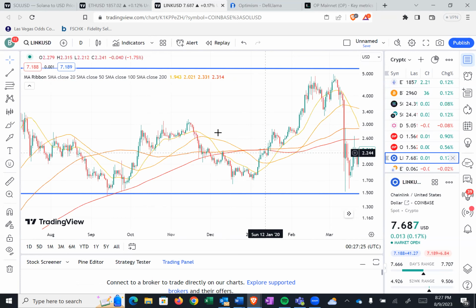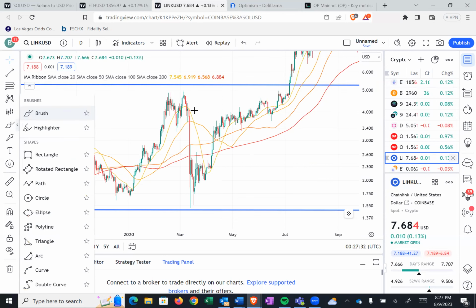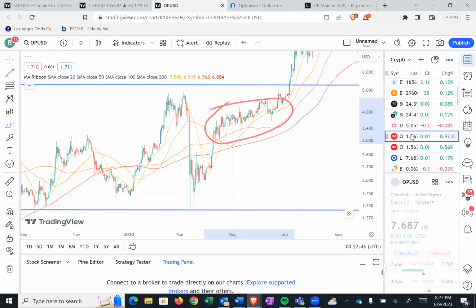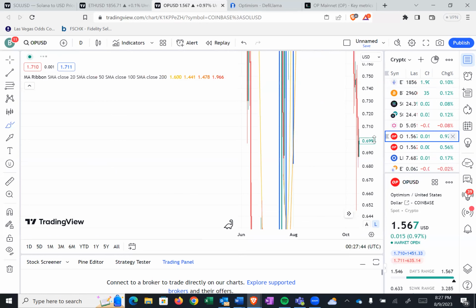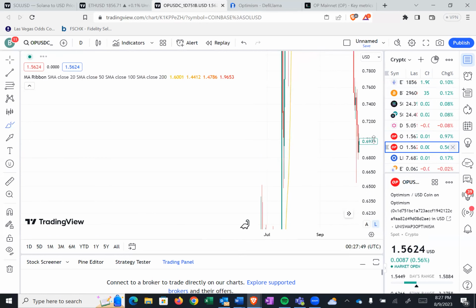A lot of these things happen in a shorter time frame than what we're dealing with, but I think we're most similar to this area around here, because it's upward accumulation. If we look at Optimism, let's look at this guy here.